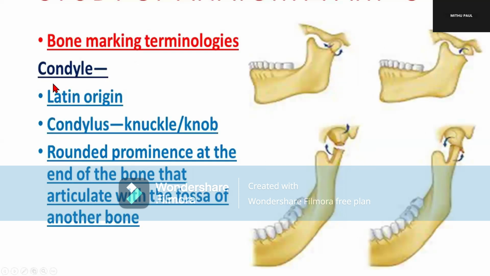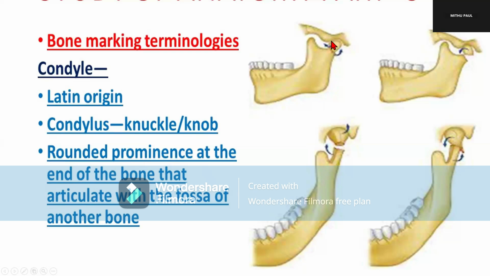The next bony marking is known as the condyle. Condyle, again a Latin word, condylus, means knuckle or knob. It is a rounded prominence at the end of the bone that articulates with the fossa of another. You can see it is the mandible, the only mobile bone of the skull. On one of its ends, there is a rounded area.